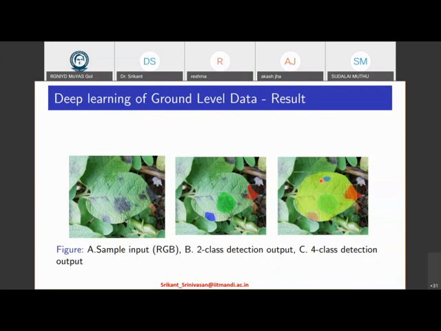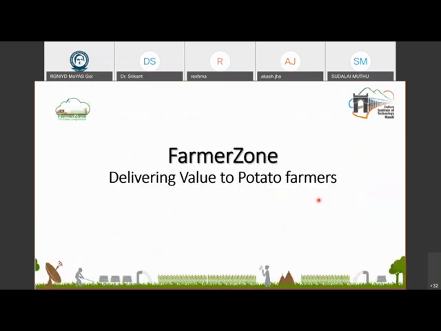Only if you see a patch within the leaf, it's disease. So if you see a patch outside the leaf, it's not disease. So that way we were able to teach it to distinguish between soil patch and disease patch. And based on that, then we got this very high accuracy of disease detection. So these are some of the things that we have done in the context of precision agriculture.